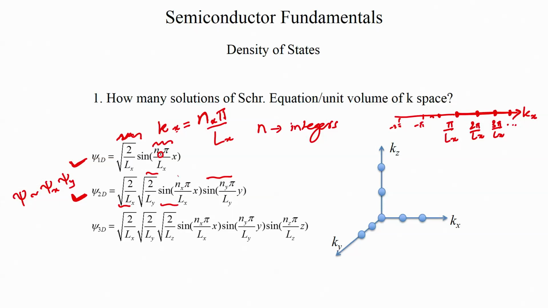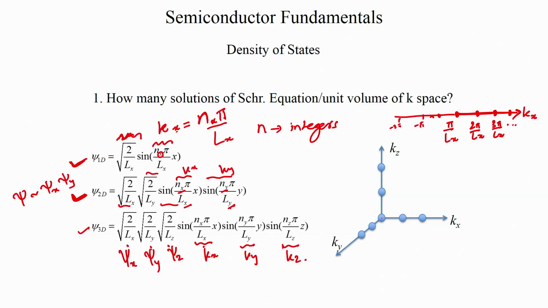So, here you have kx and ky, and both of them are quantized, and I have defined the quantum numbers as nx and ny, and the lengths of the box are Lx and Ly. And similarly, for a 3-dimensional box, you will have the wave function be a product of psi x, psi y, and psi z, and therefore you will have kx, ky, and kz defining your k space.